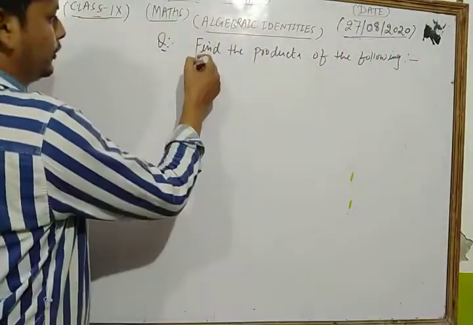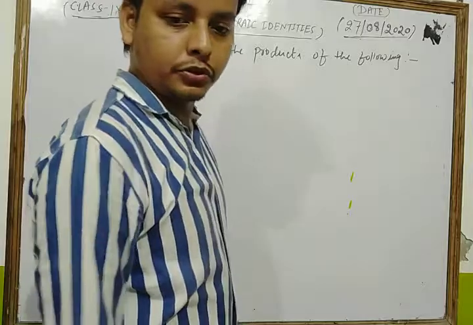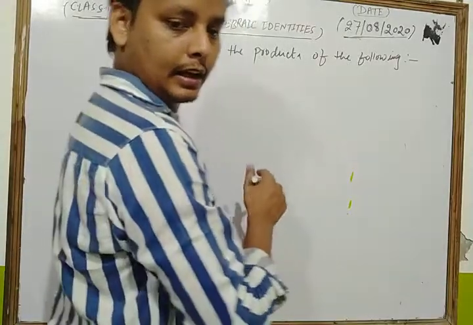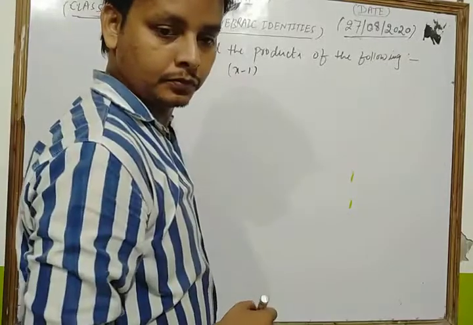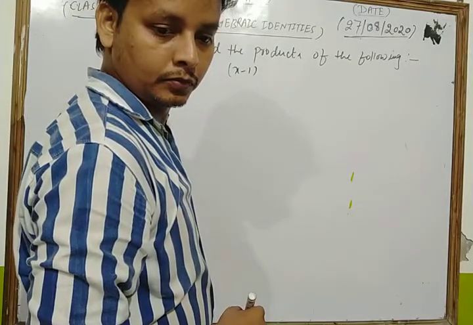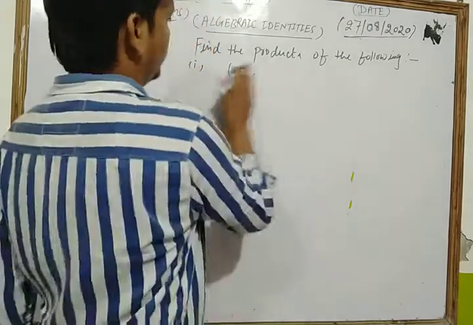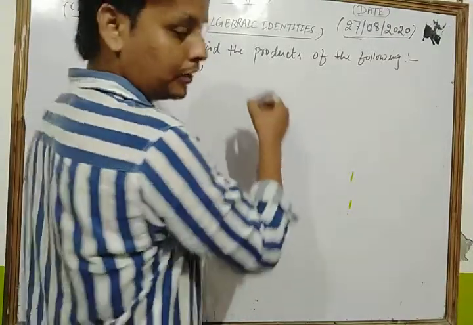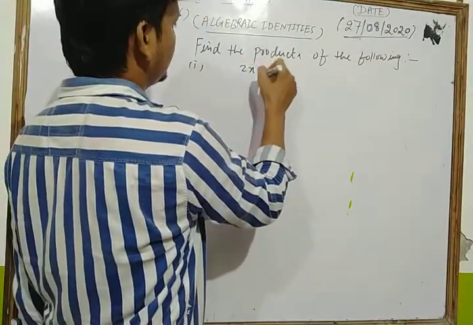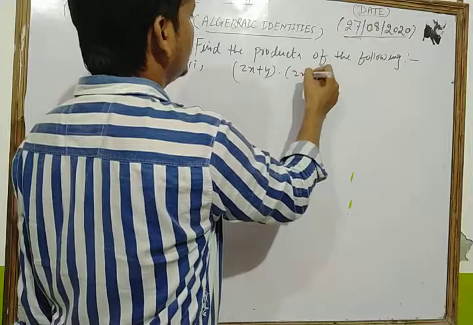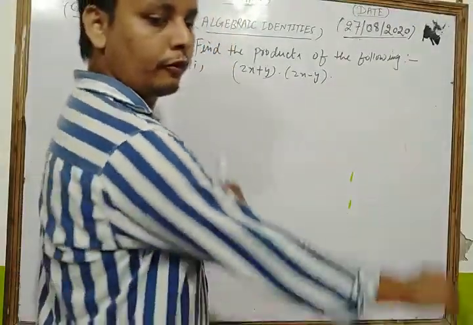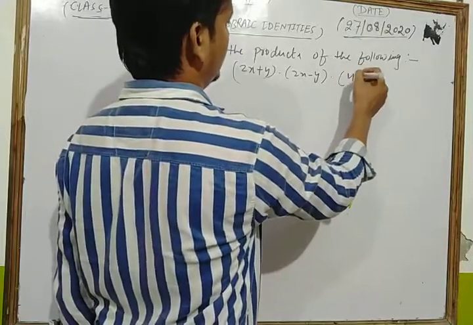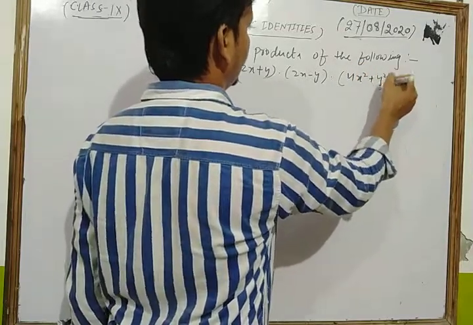First question is (2x plus y) into (2x minus y) into (4x square plus y square).